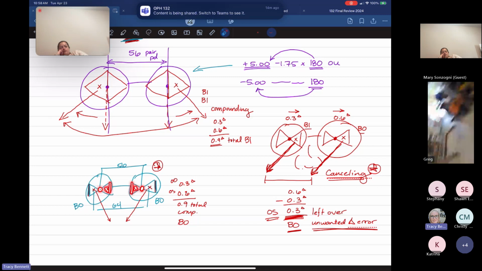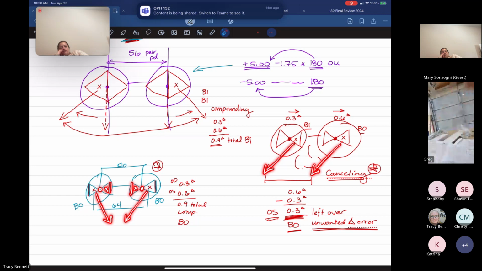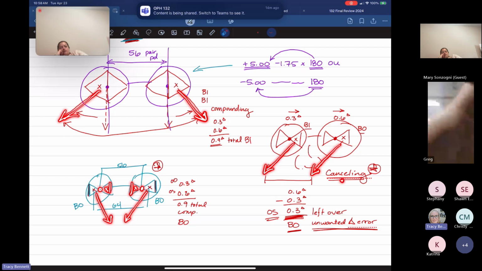And they experience base in and base in. And it's a compounding experience because the eyes are going in opposite directions of each other, as opposed to when they cancel and go the same direction.